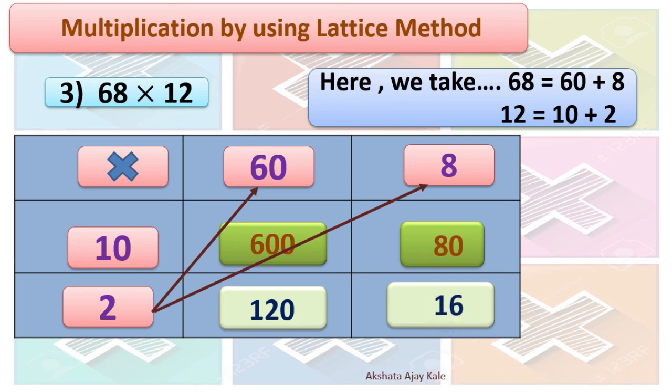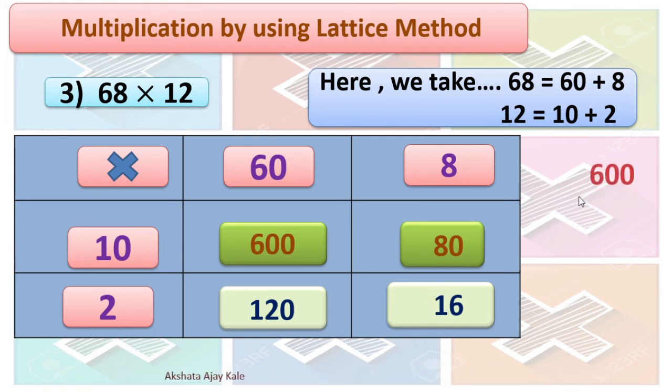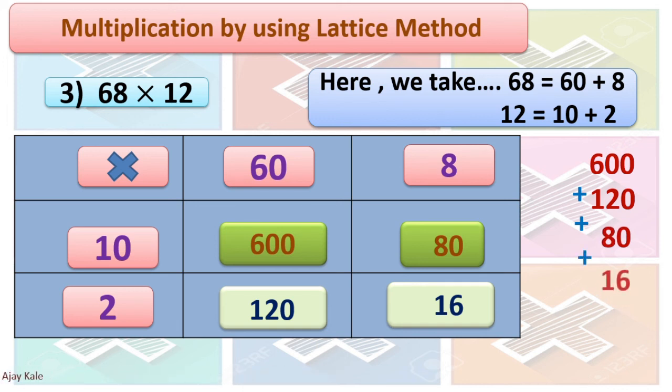So we got 4 answers here. Now what we will do? Let us add all these numbers. Correct? We will write them 600 plus 120 plus 80 plus 16.